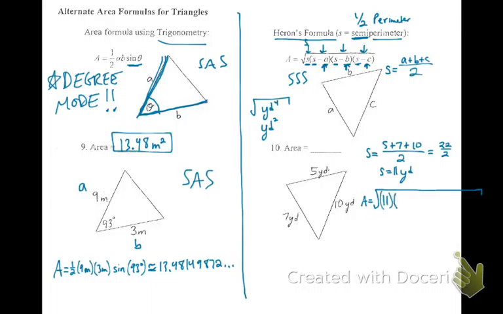Then I have to take 11 and subtract off each side. So 11 minus 5, 11 minus 7, and 11 minus 10. There are a lot of parentheses there, so I suggest you calculate each number inside the parentheses first. So we have 11, we have 6, we have 4, and we have 1.